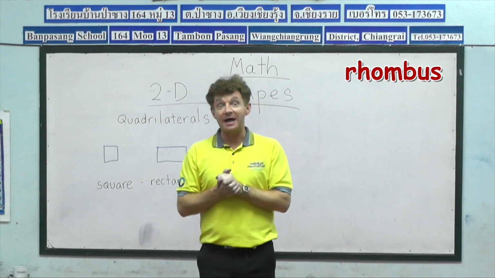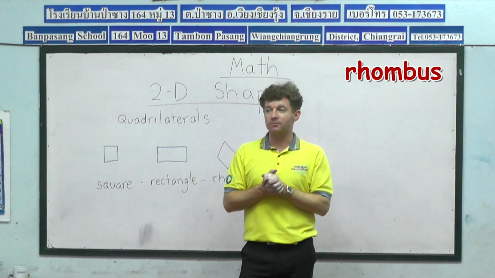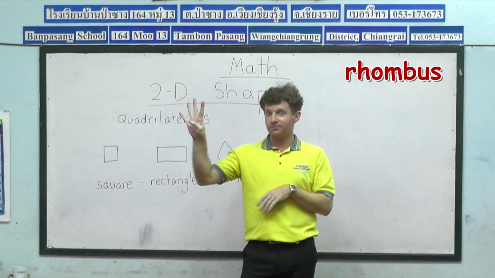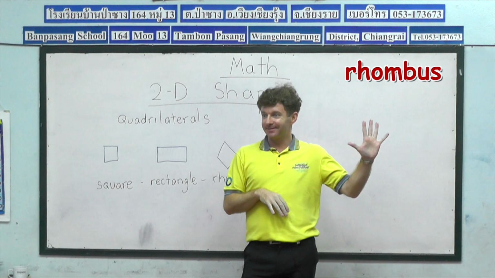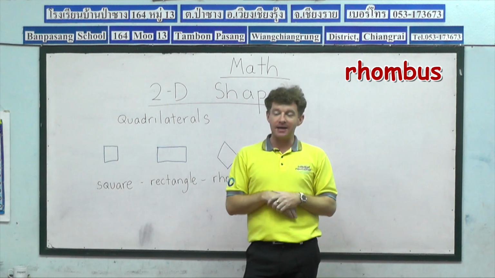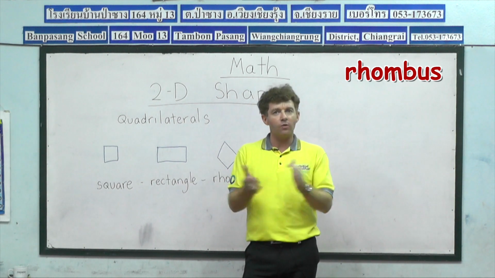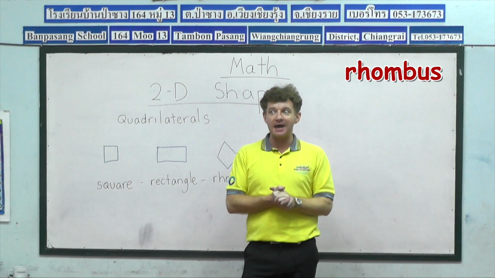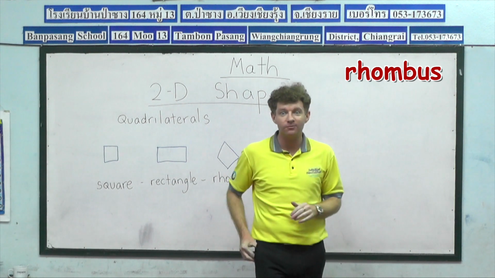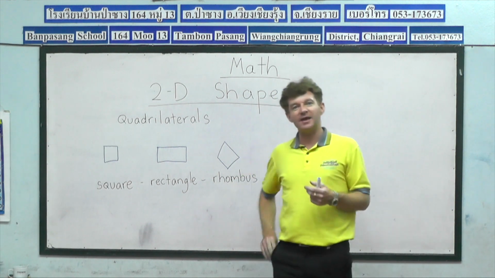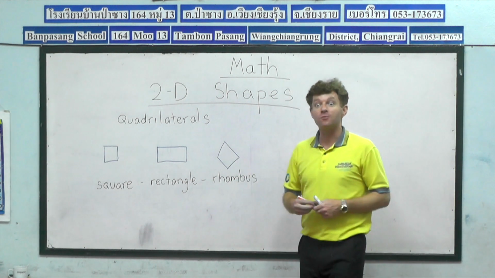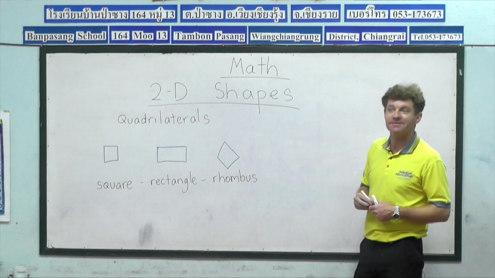Okay, so last lesson, quadrilaterals, 4 sides. How many do you think we're going to do today? 5 sides. But does anybody know what the shapes that have 5 sides and 5 corners are called? No, that's okay. That's why we're here, to learn. It's a word called pentagon.